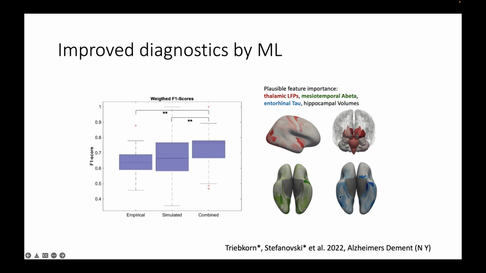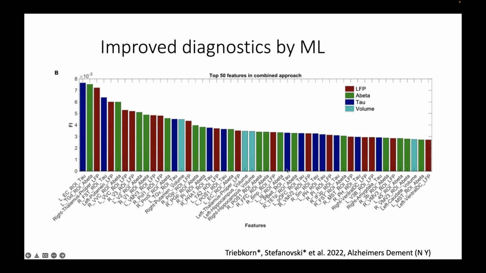For example, entorhinal tau, if you remember, which is Braak stage 1 and near the hippocampus, and mesiotemporal amyloid beta in the inner part of the temporal lobe. So also from the biological perspective, the features selected by this approach made total sense, and the distribution of feature importance was plausible.